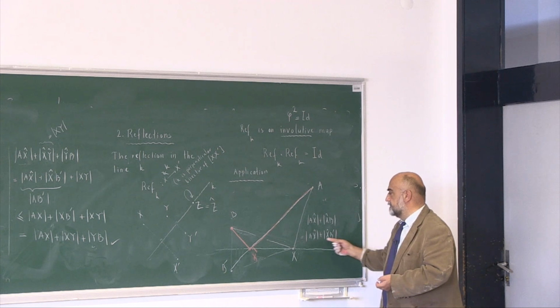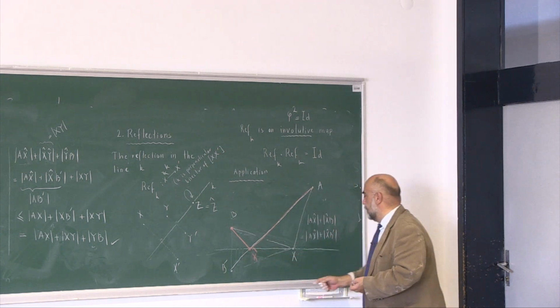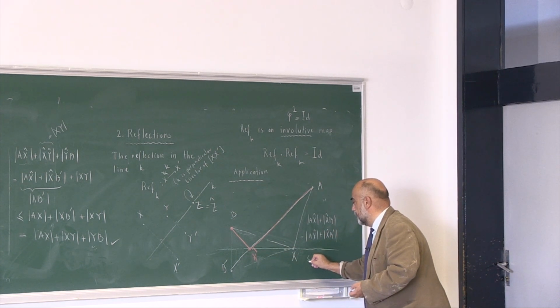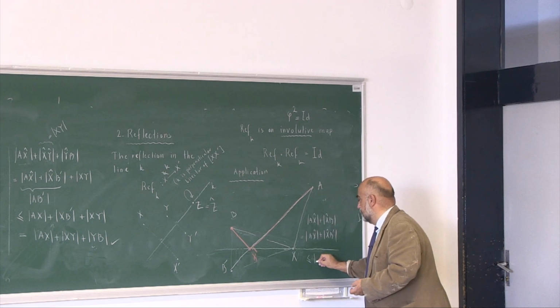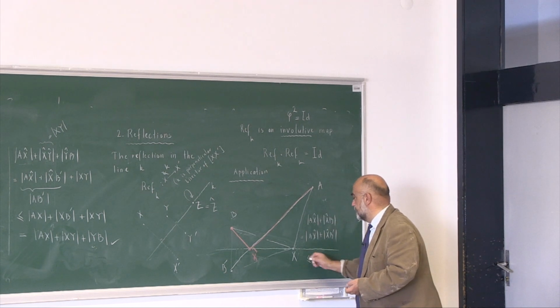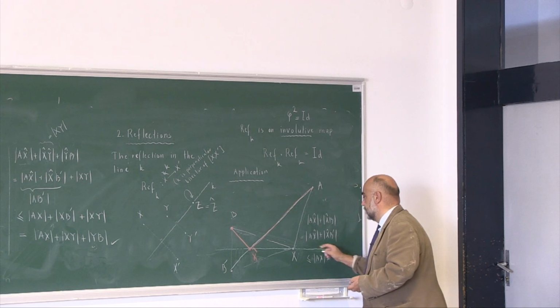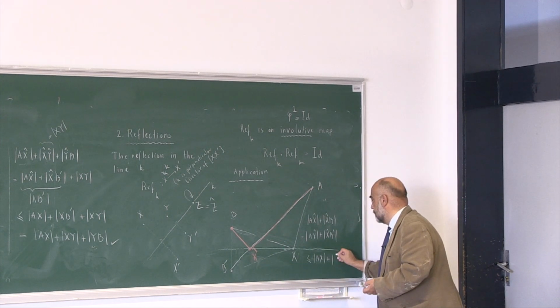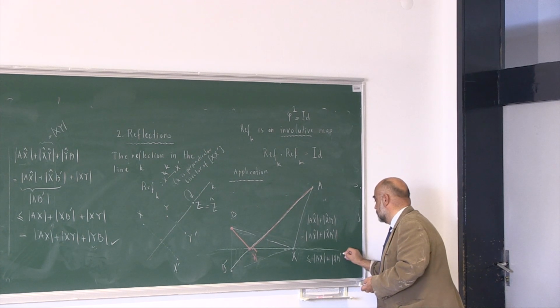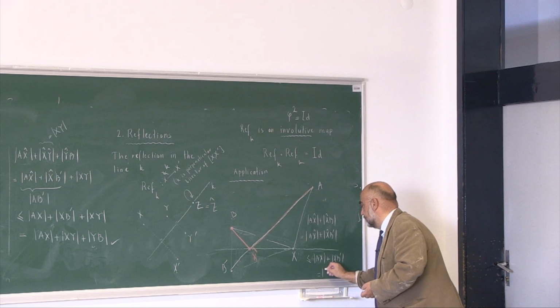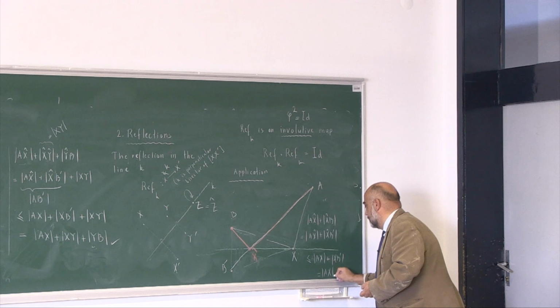But you see, this sum is simply the length AB prime, so this is always less than the sum AX, so that's the broken line, plus XB prime. But you see, this is exactly the same as AX plus XB, right?